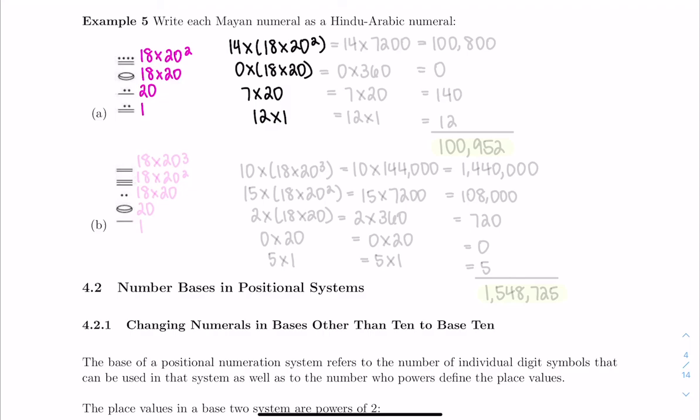So let's go ahead and simplify this a little bit. Starting at the top, we've got 14 times, what is 18 times 20 squared? Well, that's 7,200. We've got 0 times 18 times 20, but that's just 0 times 360. We've got 7 times 20.